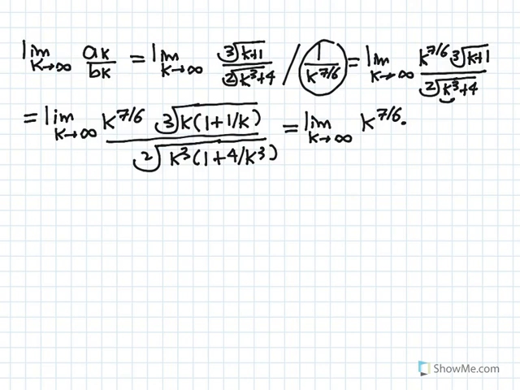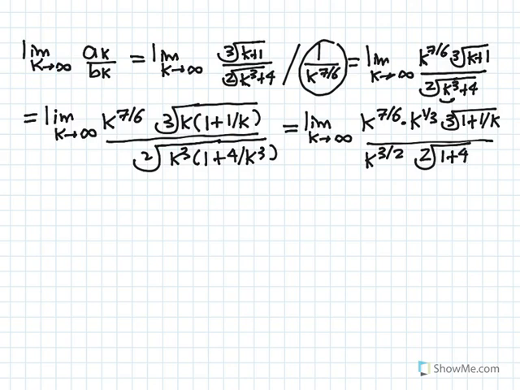Now we can remove it outside the radical and write this as k to the 1/3 times third root of 1 plus 1/k, divided by k to the power of 3/2, because we have second root of k cubed, which is k to the 3/2, times the second root of 1 plus 4 divided by k cubed.